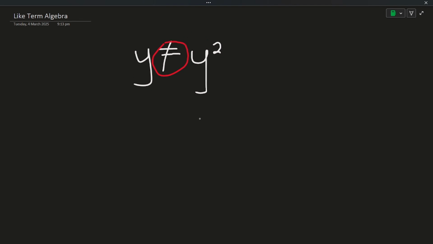So y to the power of 2 is actually equal to y times y. But y, on the other hand, is just y.